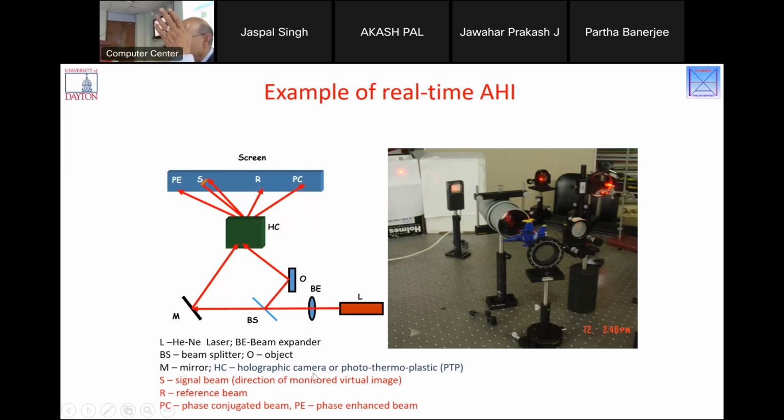Now, what's a holographic camera? Well, you can use a photorefractive device. That is a holographic camera because it stores the grating. Or you can use some kind of photothermoplastic. Those are also around. They're kind of thick materials. Both were used in this particular case, just to compare which one is working better. And this photothermoplastic, of course, that's a special material.